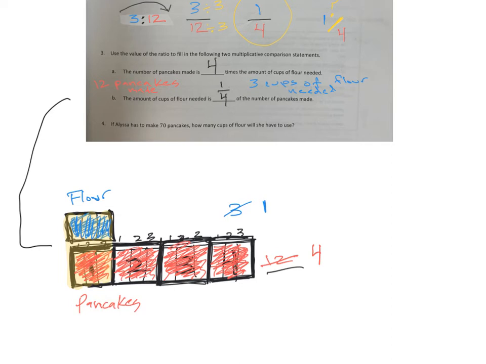And so right now, Alyssa has to make 70 pancakes. So we're going to cross out 4, excuse me, and put in 70, okay? Which means we now have to figure out, if we're crossing out 1, how many cups of flour.